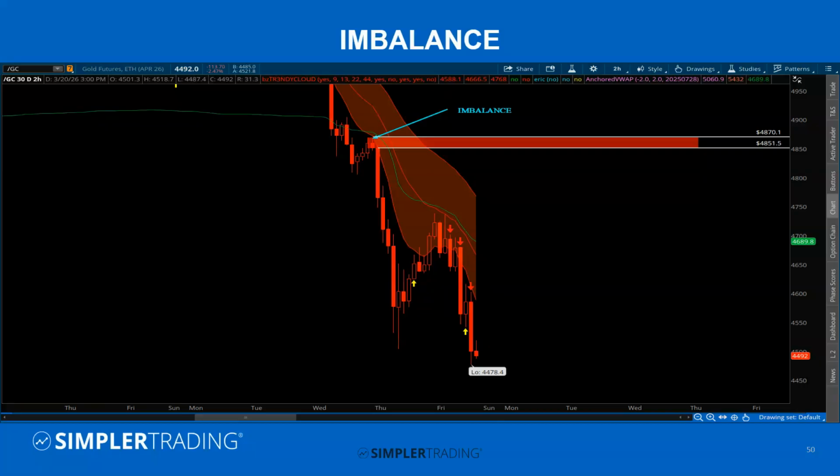Right there, 4851 by 4870. It's not very wide. Felicia, you should be looking at this going, man, I hope it goes back up there. Because to me, this is a very low risk trade. And look how it's so imbalanced to the downside, right? I mean, it's absolutely awesome.